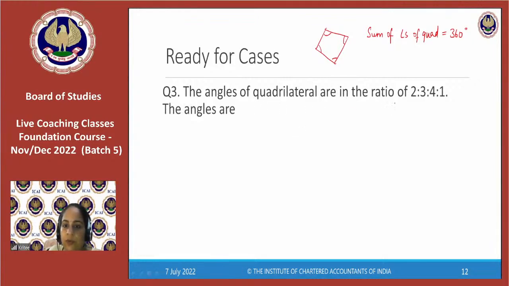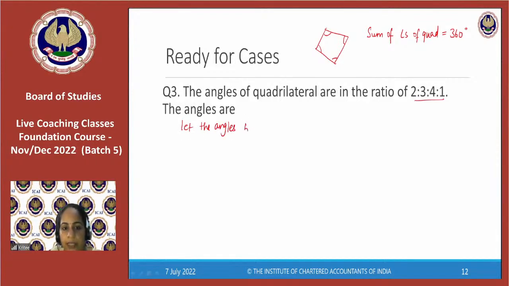So the angles of the quadrilateral are in the ratio 2:3:4:1. I told you this is a continued ratio, when we have 3 or more quantities and they can be expressed as ratios in continuation. Fine. So the sum of the angles of the quadrilateral is equal to 360 degrees. For your understanding, I'll go stepwise.